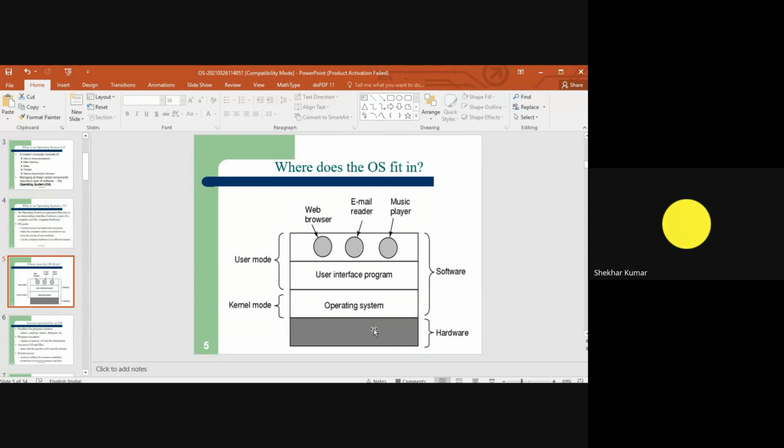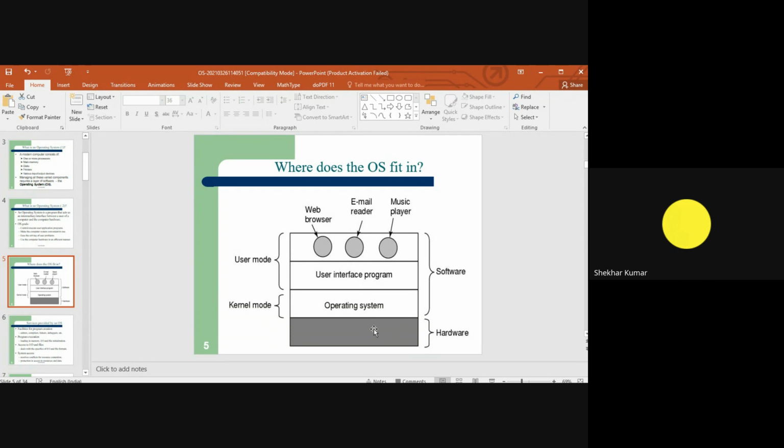Then one of the important operating systems is your real-time operating system. In the real-time operating system, there is a time quantum, a time within which you have to respond or process the inputs given to you.